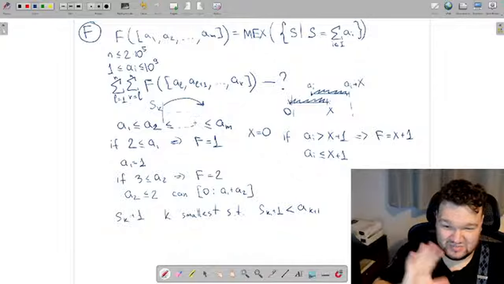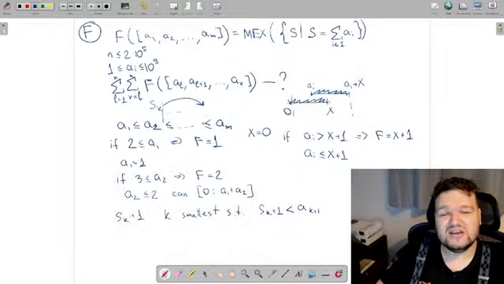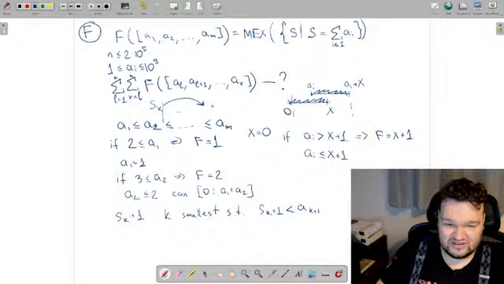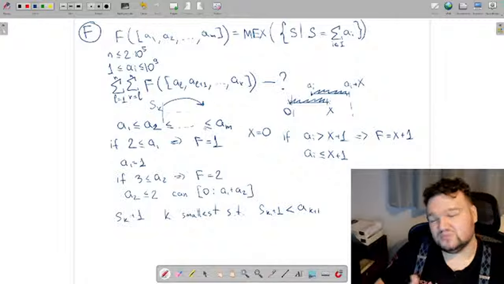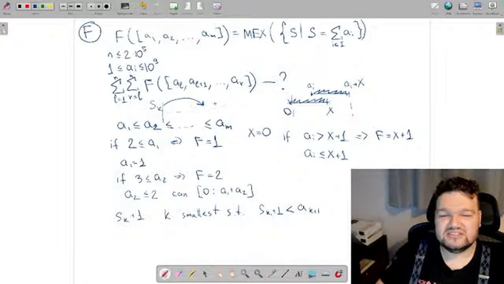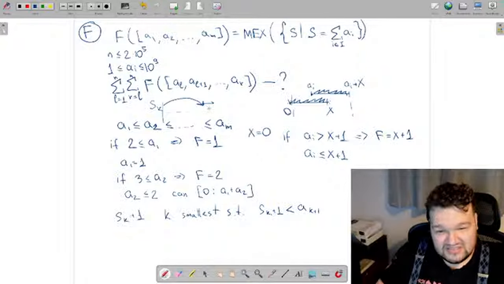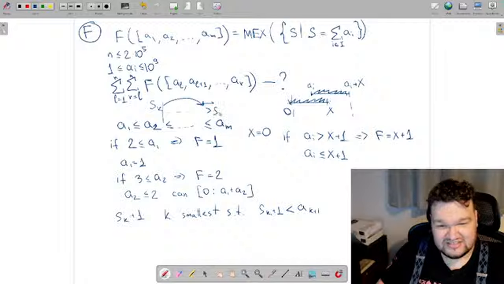Let's say it is pre-calculated, we just have prefix sums. Then we arrive here and just check if the condition is broken. If it is broken, then we stop. If it is not broken, then we will move on by 1. But this value we chose such that it is greater than sk.